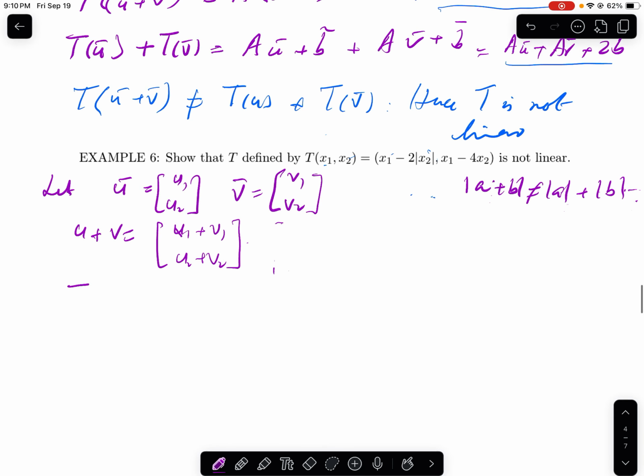T of u, according to the transformation, will be T of (u1, u2). It will be u1 minus 2 absolute value of u2, comma, u1 minus 4u2.